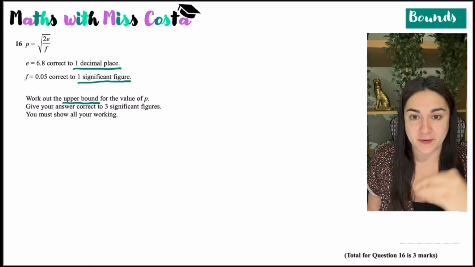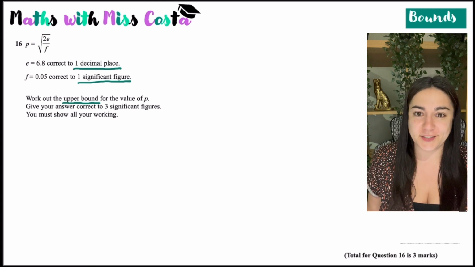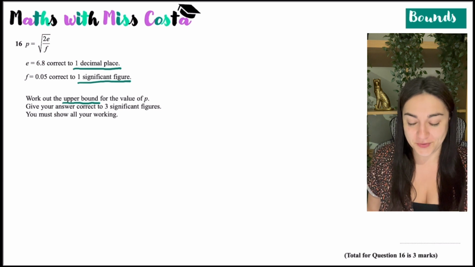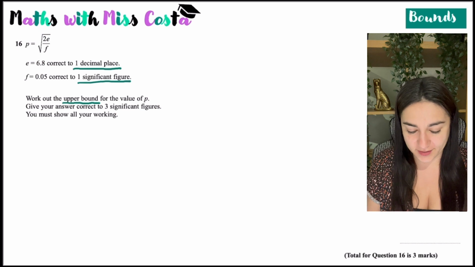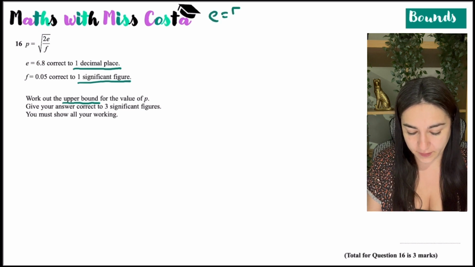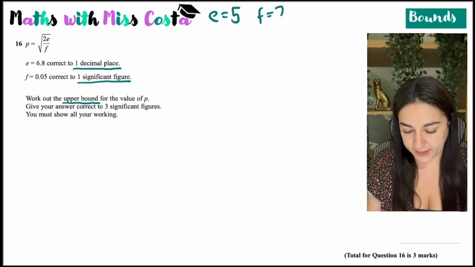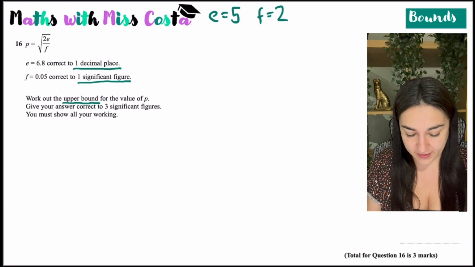how to work out the upper bound and the lower bound when you're using division and things like that. But if memorization isn't your key suit, then what you can do is just substitute numbers in to see what would work. So for instance, if you said that E was 5 and F was 2, and then reverse that, we could see which would give us the bigger answer.